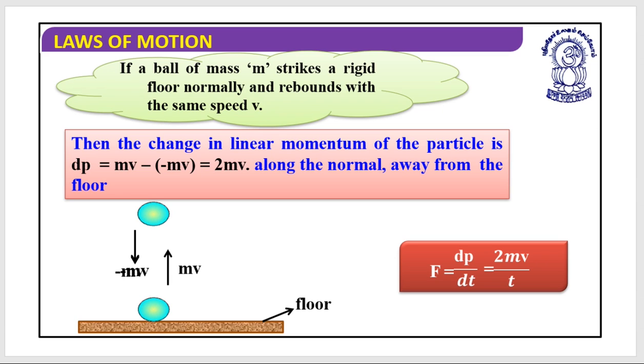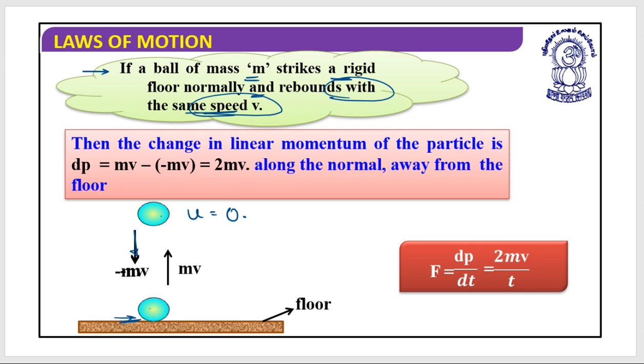Let's suppose a ball of mass m strikes a rigid floor normally and rebounds with the same speed. Here I have used the word speed, so I'm talking about the magnitude only. Let's suppose the object was initially at rest and is moving in this direction. It strikes the rigid floor.